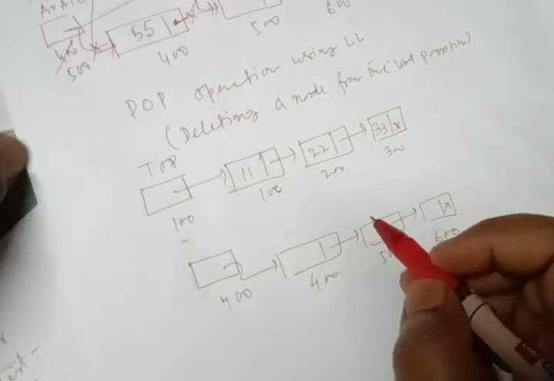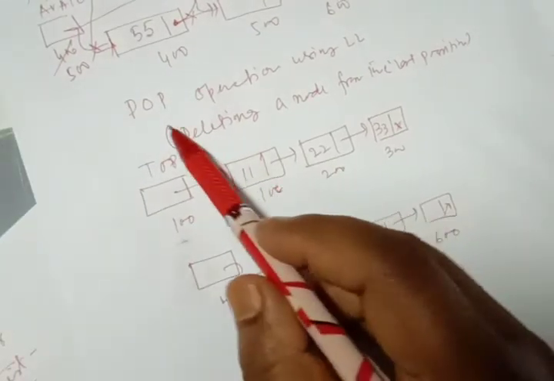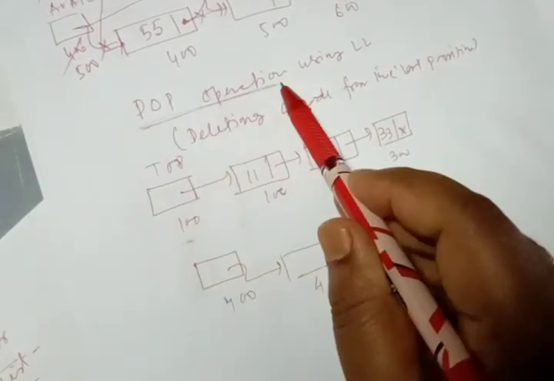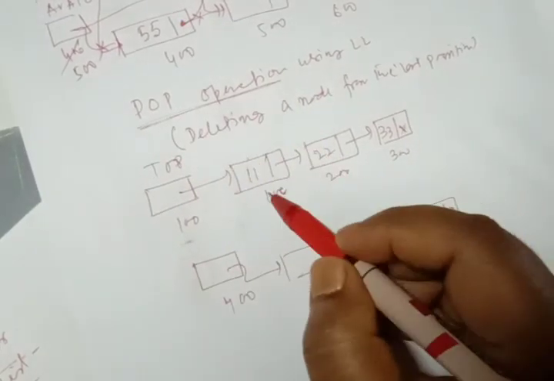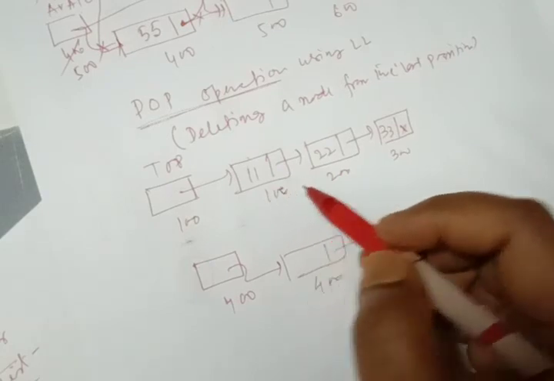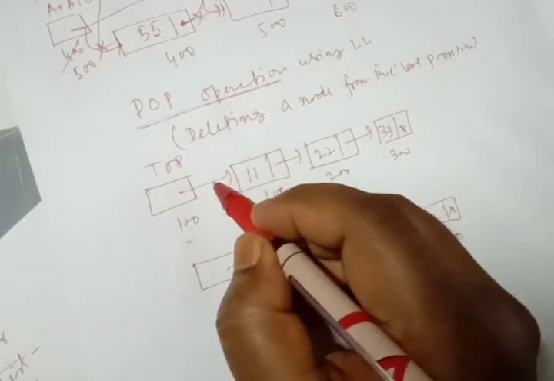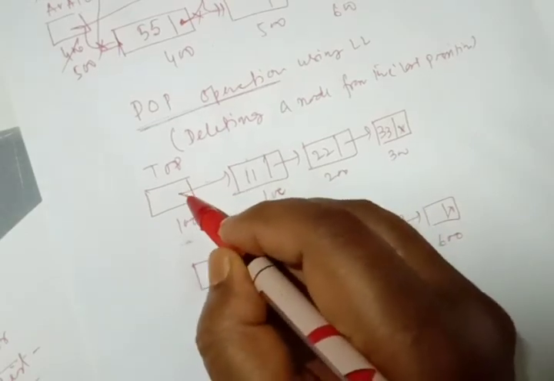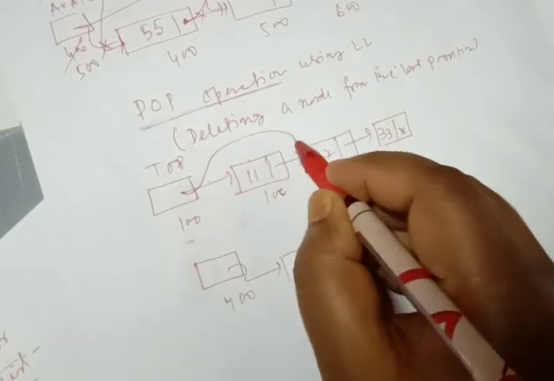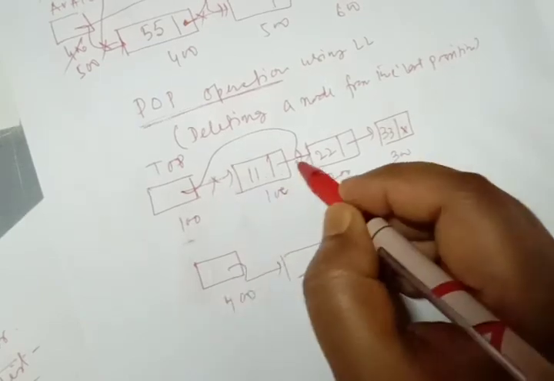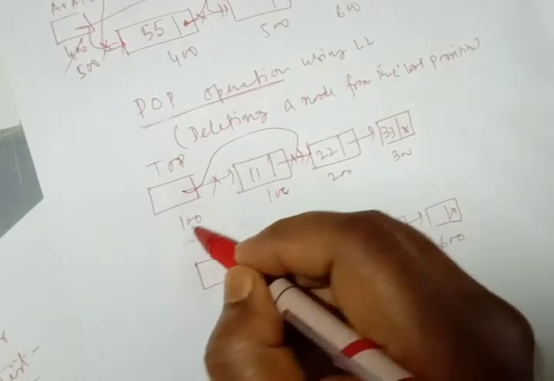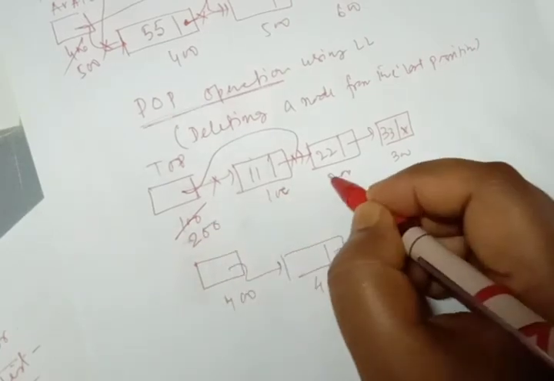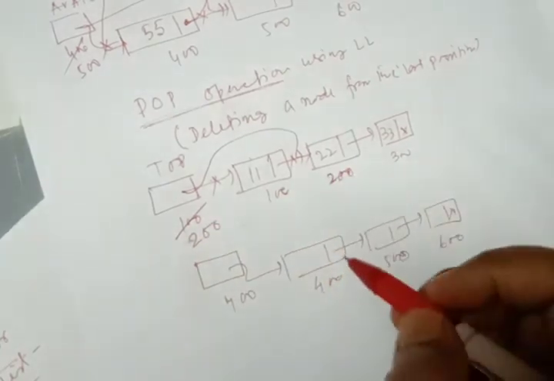Okay, now as I have told you, the pop operation always deletes the first node from the stack. In that case, first you have to break the link. Now you have to point the top at the second node, and here you have to break the link. Now the value of top will change. The new value of top is 200, because it will point to this node.